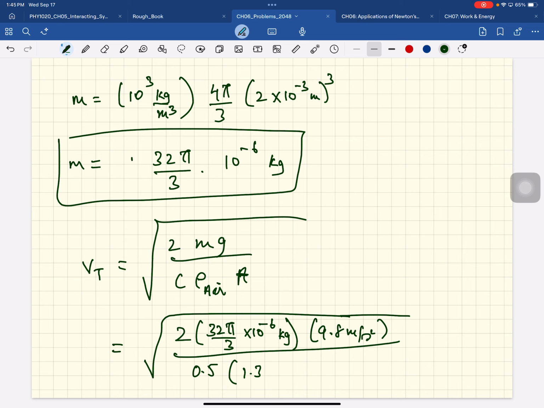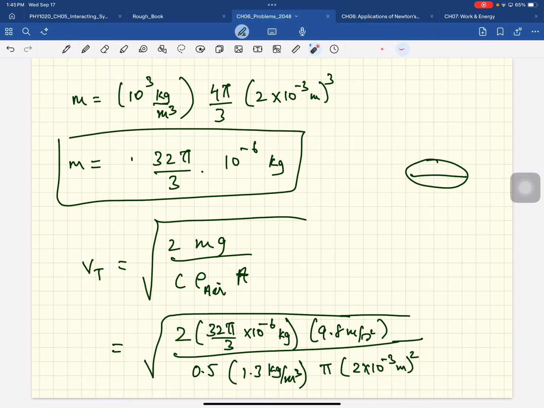Density of air at ground level is about 1.3 kg per meter cubed. At 5 kilometers, it's about half of that, but we're not going to worry about all of that. Pi r squared is the area of cross section of the drop, and the radius was 2 millimeters, squared.